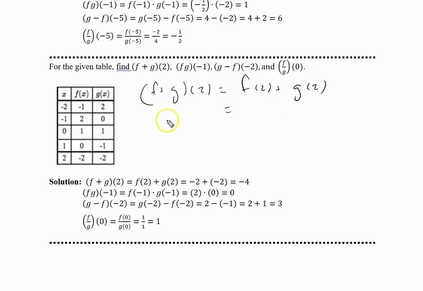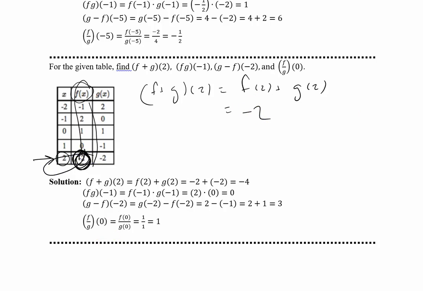Now, according to this chart, x is the number inside the parentheses. So if x is 2, then f evaluated at 2 is going to be -2. So I look and see where these intersect, and they intersect here.